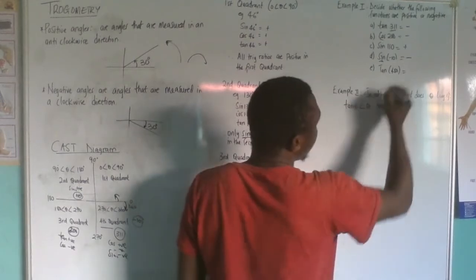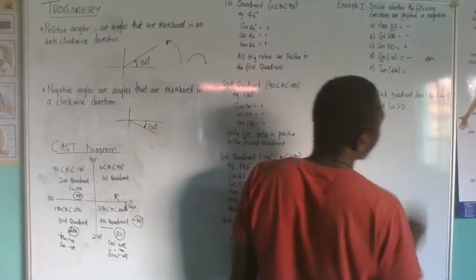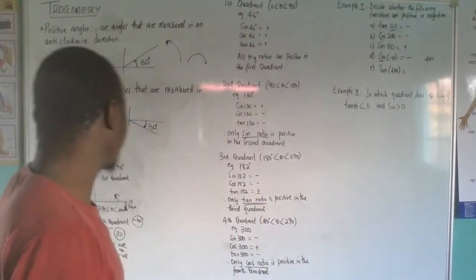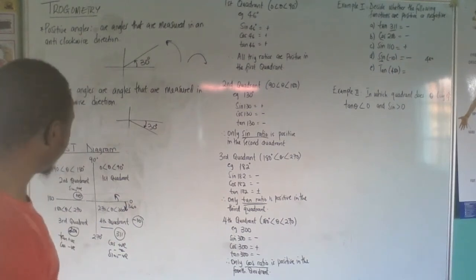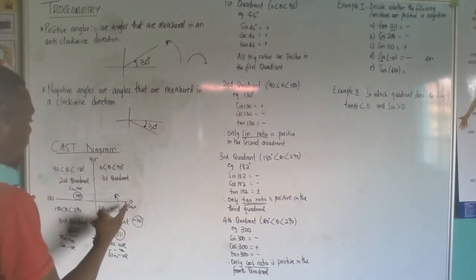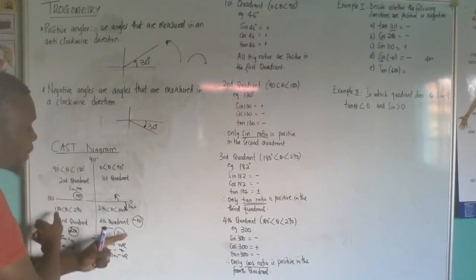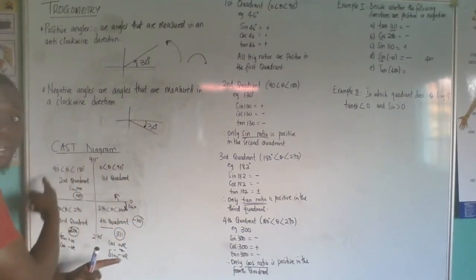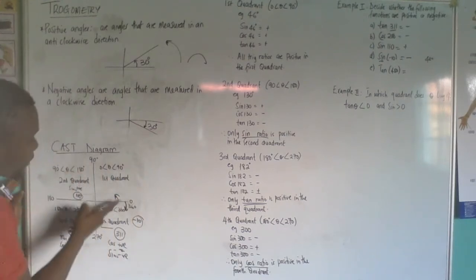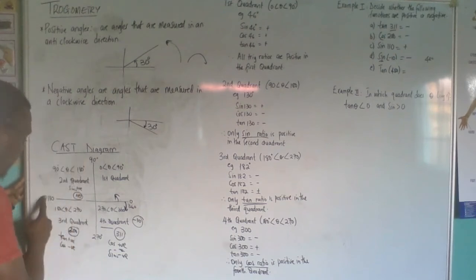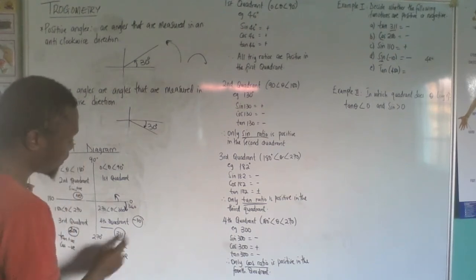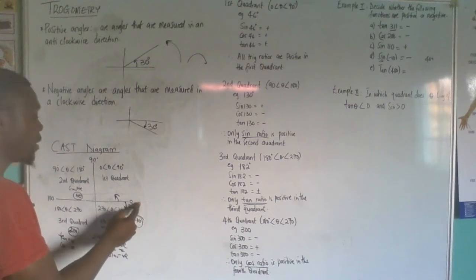E, I'm seeing angle 480. Look at this. 480. Now, this system will continuously be in a revolution from 0 to 90, 90 to 180, 180 to 270, 270 to 360. What is being added?